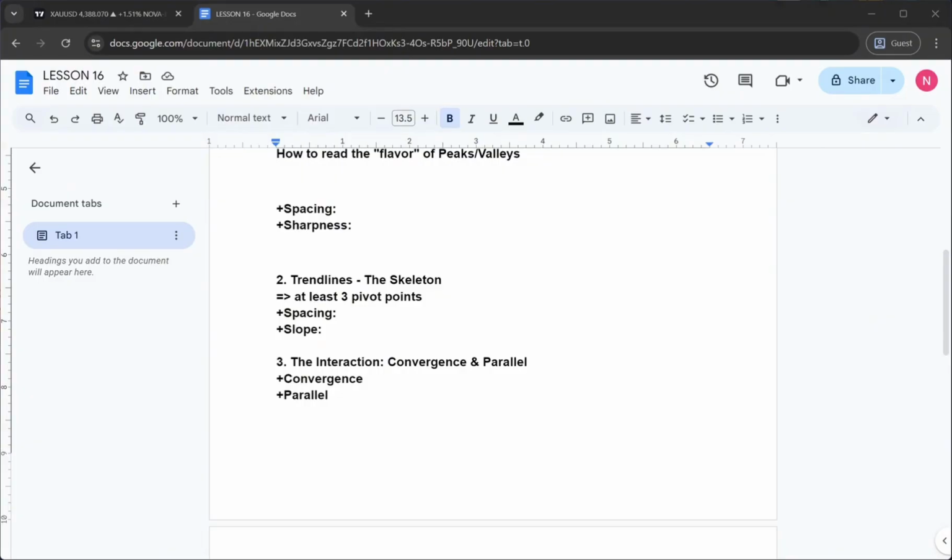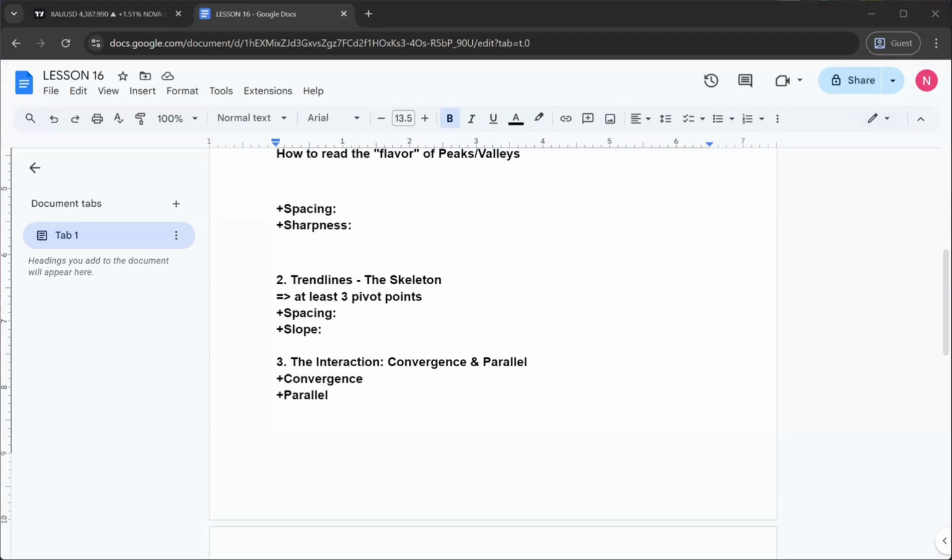And the key takeaway from the third section is, before you try to remember whether the pattern name is a wedge or a flag, look at the alphabet first. Are the peaks and valleys sharp and distinct? Has the trend line passed 3 touch points?